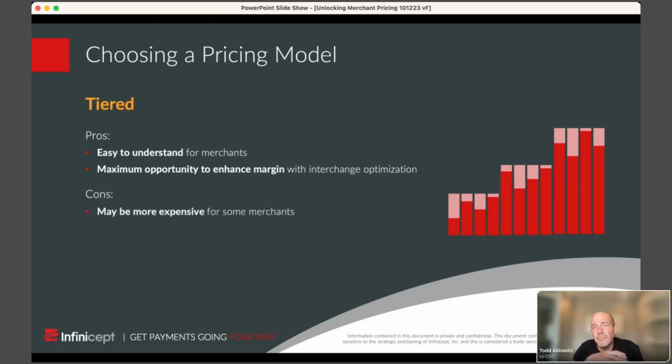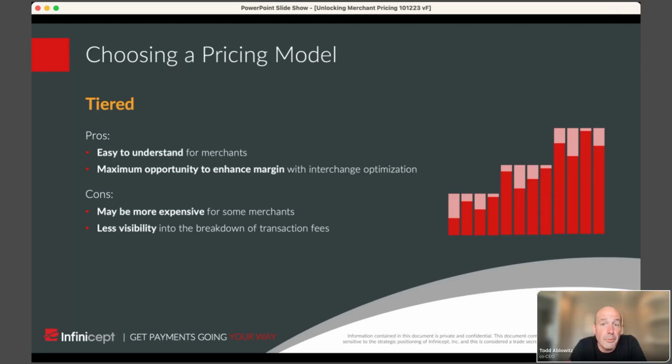It's more expensive for some, maybe for many merchants, but it's easy to understand. It's not going to give you as much visibility as I talked about. And that leaves room where unscrupulous actors could play with the tiers to take advantage of merchants. But in my view, if it's done properly, it can be really nice. And I've seen some of the pricing models out there are even more than the 3 tiers.